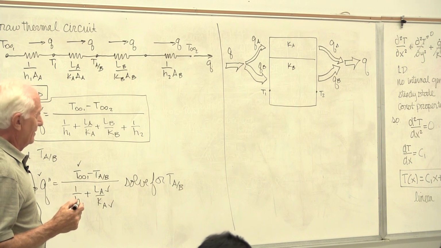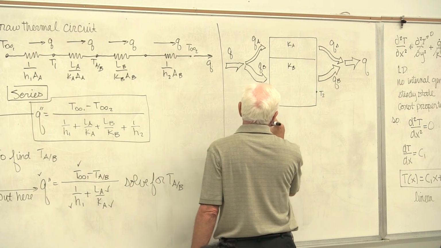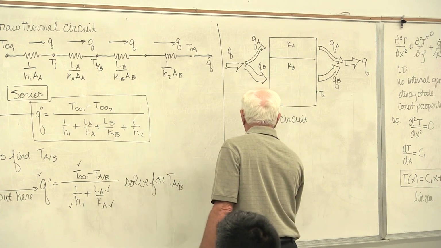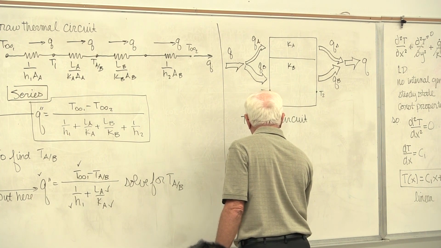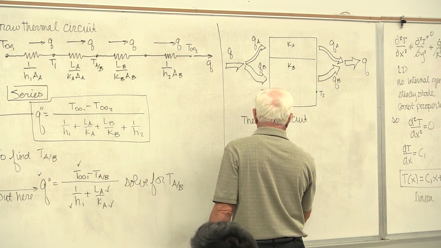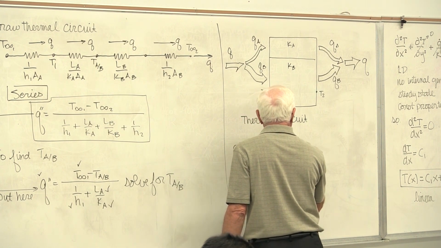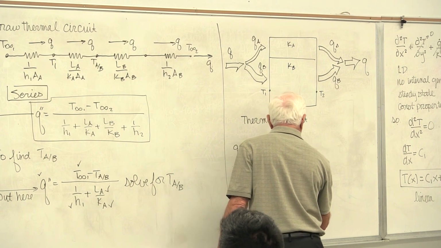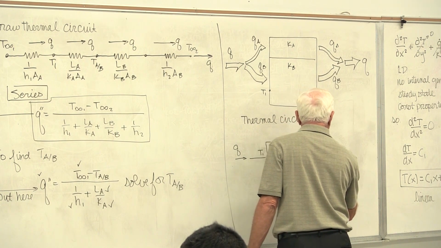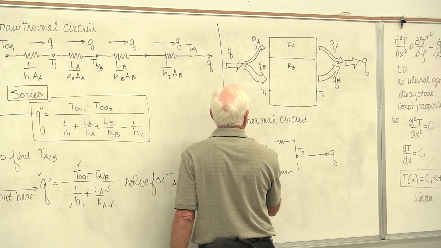Now I draw the equivalent thermal circuit. Temperature T1. This is the heat flow Q coming in. Now I have material A and material B. This is, make it double prime.